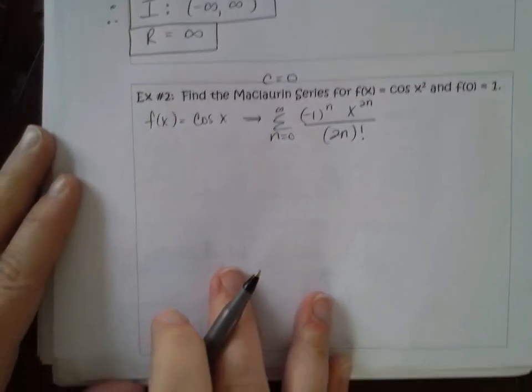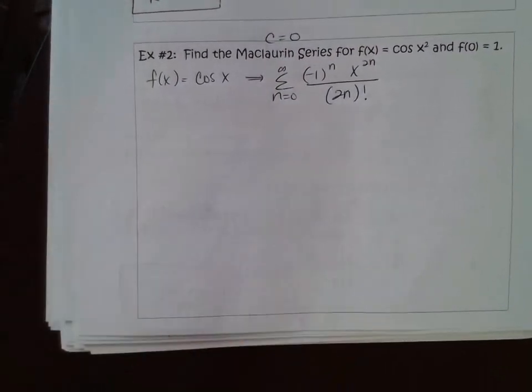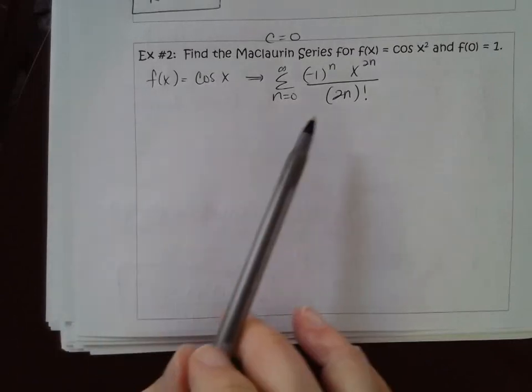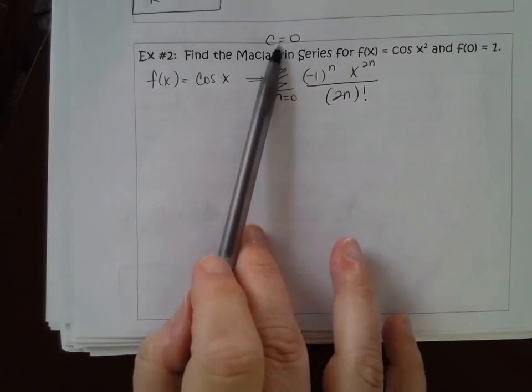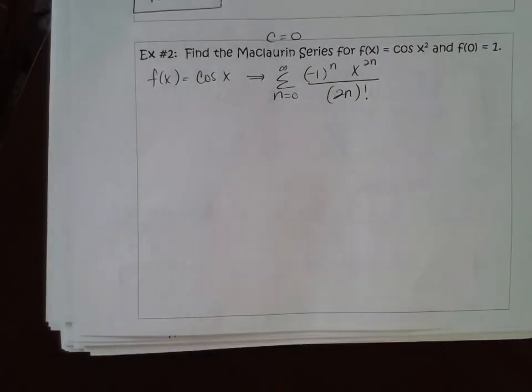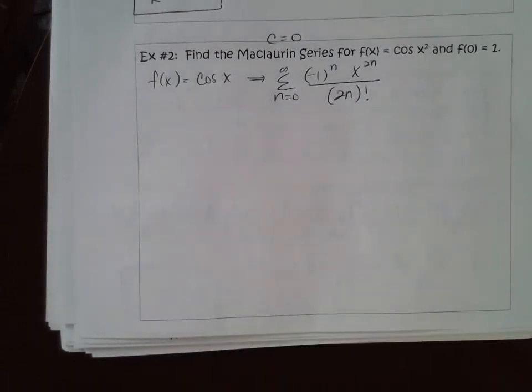Well, at 0 degrees, our cosine is 1, and at 90 degrees, our sine is 1. So they are going to match here if this was just cosine of x.